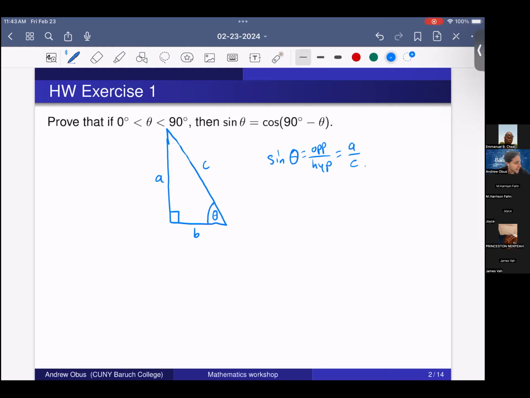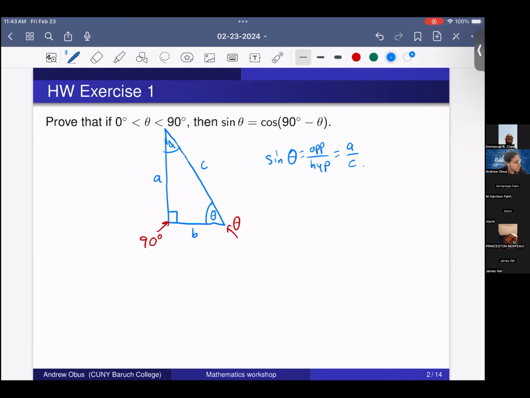This angle here is 90 degrees. This angle here is theta. And this angle here, maybe I'll call it alpha. We know from a triangle that 90 degrees plus theta plus alpha has to equal 180 degrees, because the angles add up to 180.